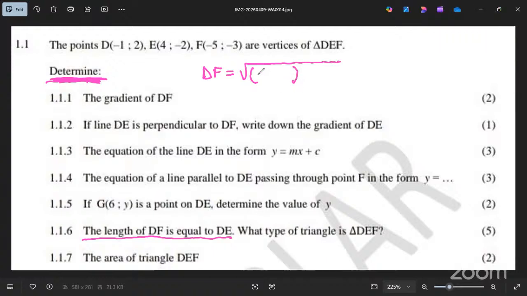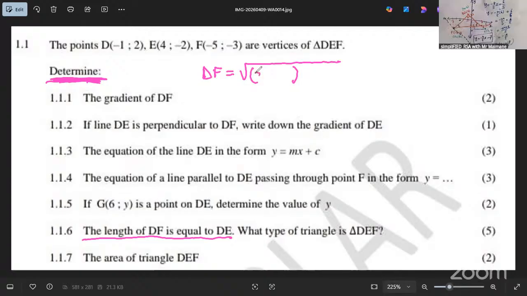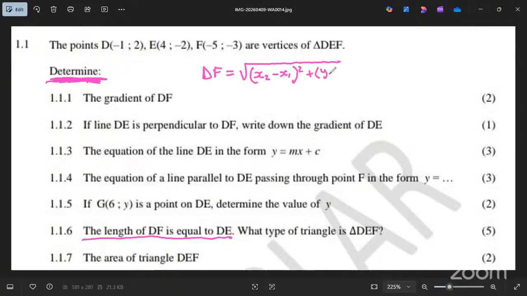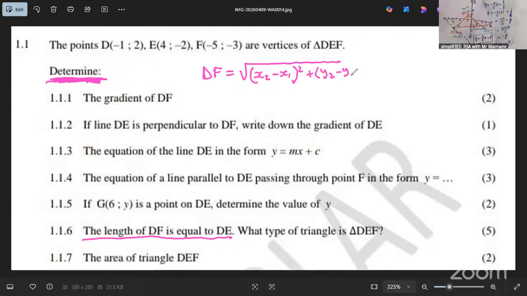The square root of x2 minus x1 squared plus y2 minus y1 squared. Because you know the distance formula, let's quickly prove if DF is equal to DE.